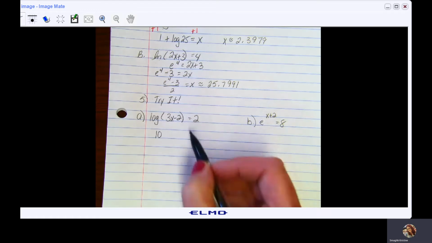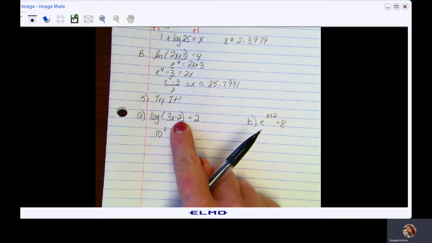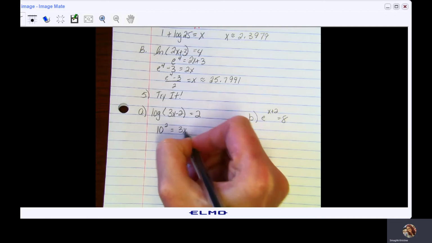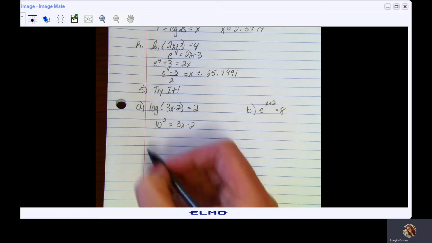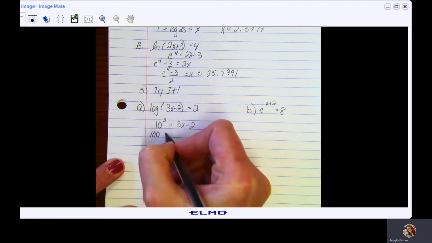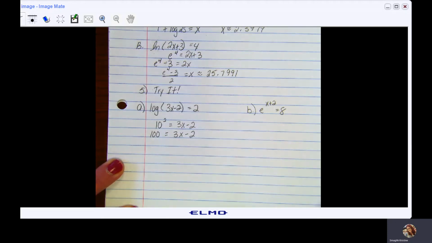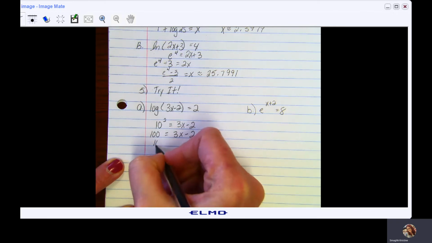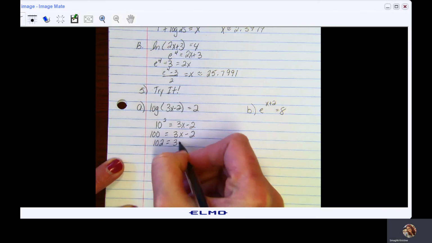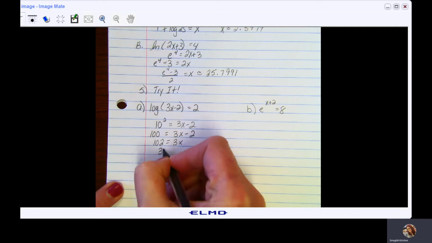So I have 10 raised to the exponent 2 equals the result, which is 3x minus 2. Now, 10 squared is 100. 100 equals 3x minus 2. I am now going to add 2 to both sides. 102 equals 3x. And now we'll divide out that 3, and we're going to get 34.